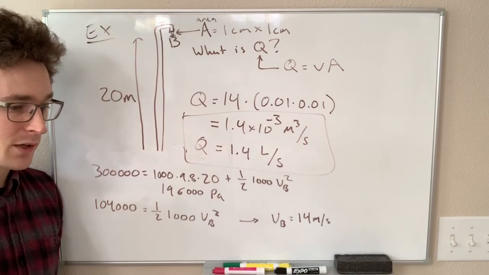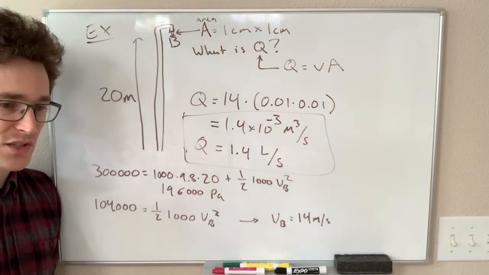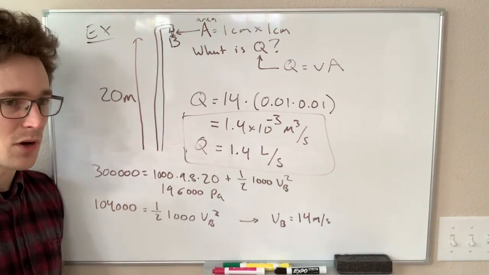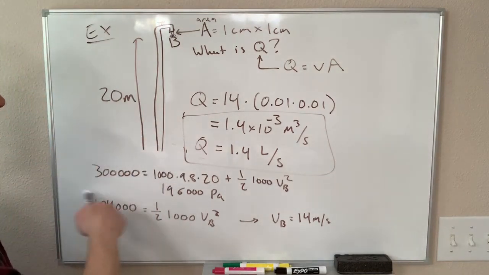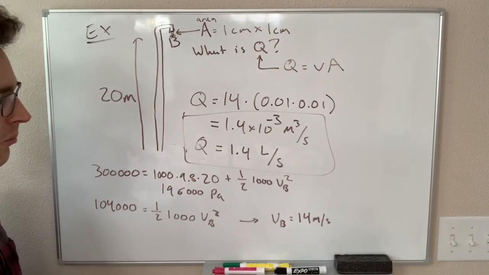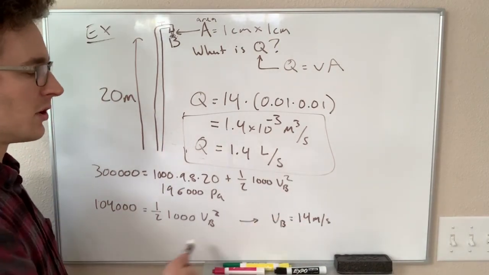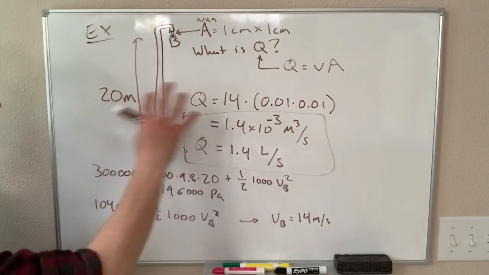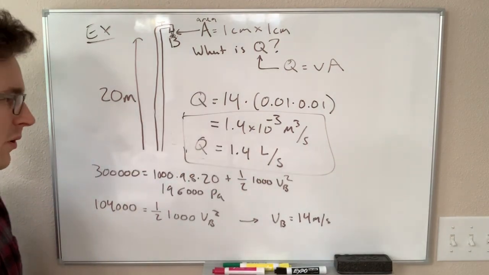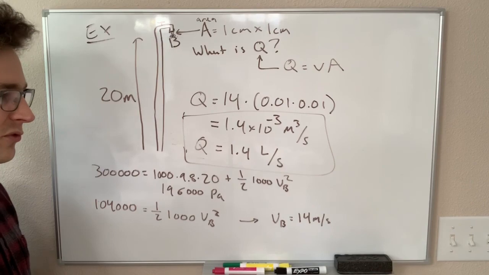And in fact, water has viscosity. It has this friction-like force that is going to cause it to lose some energy. So losing some of that energy as it goes from the water main out the pipe might also reduce this velocity significantly and give us a lower flow rate. But this is the answer under the assumptions that we're going to make for fluid flow in this class.